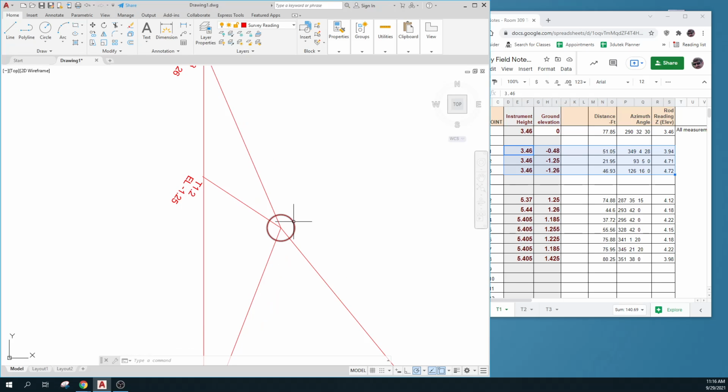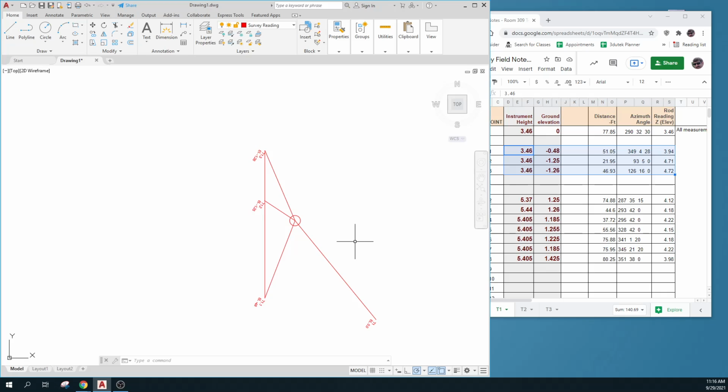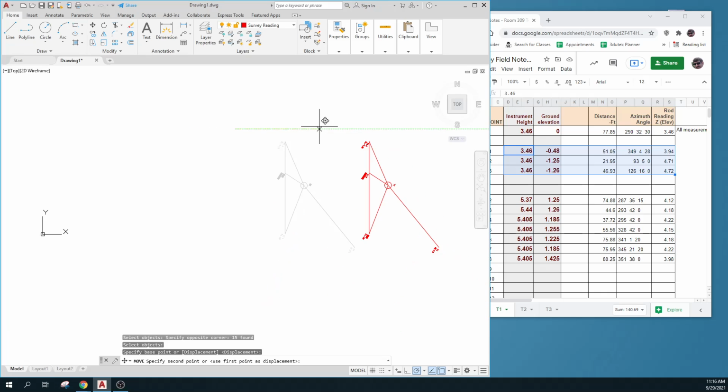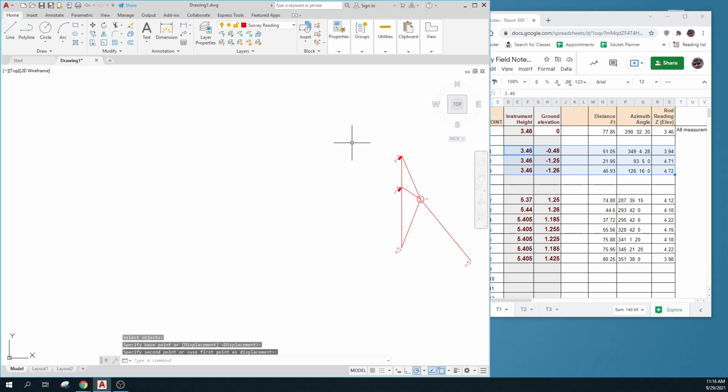But that was my first setup. That was my T1 setup, right? So that was my instrument for T1. Now, my next one, now I'm going to move this out of the way, just going to get it out of the way and over here somewhere.